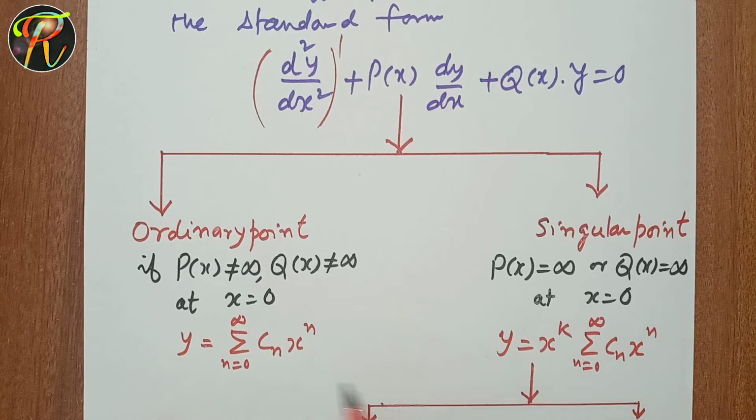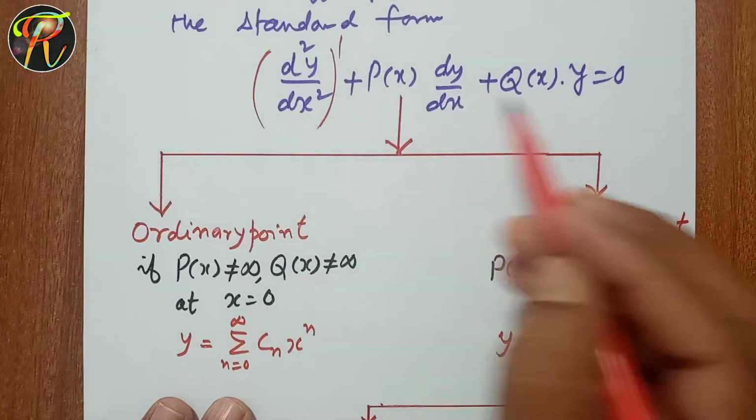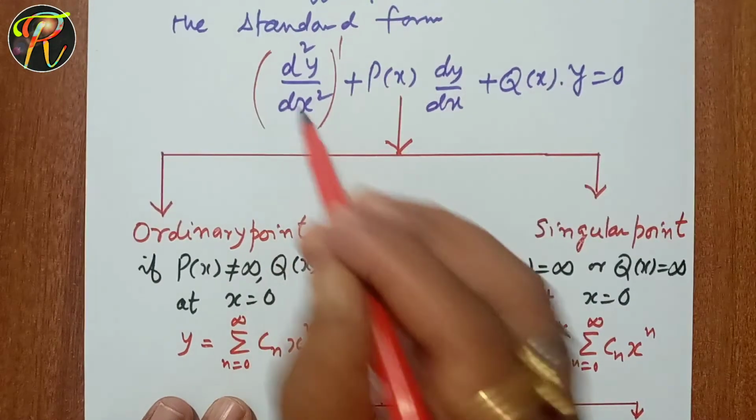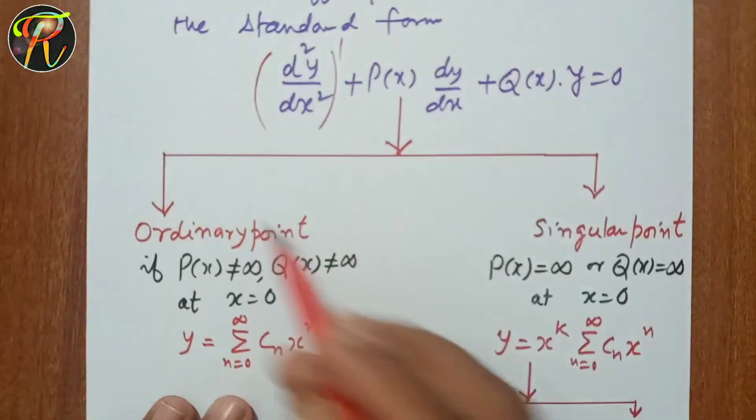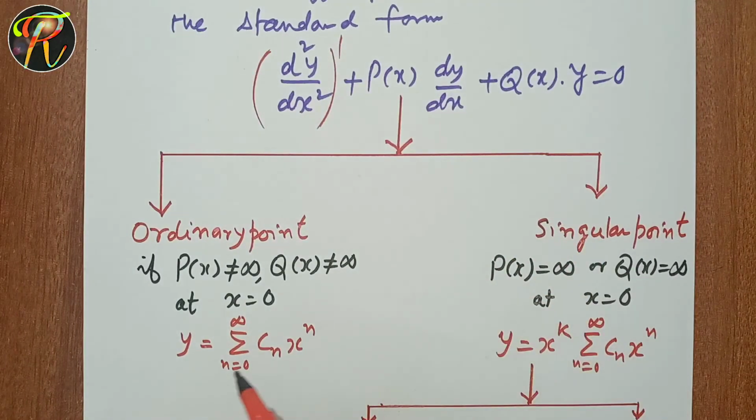First we take this series and differentiate with respect to x, means dy by dx and d2y upon dx2, and then we put the values of y, dy by dx, d2y upon dx2 in the given differential equation. Then we calculate the constants, and then we will get our solution.